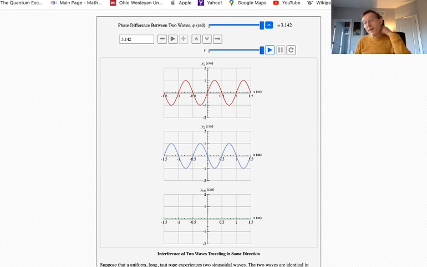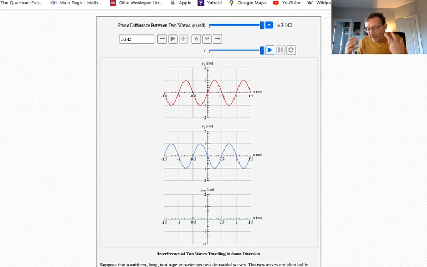To get fully constructive interference, I want an even integer times pi, including 0. Now, you can have a phase difference that's not on this list. You can have a phase difference that's something other than an even integer times pi, or an odd integer times pi. Like you could have, for example, a phase difference of 1.75 pi.